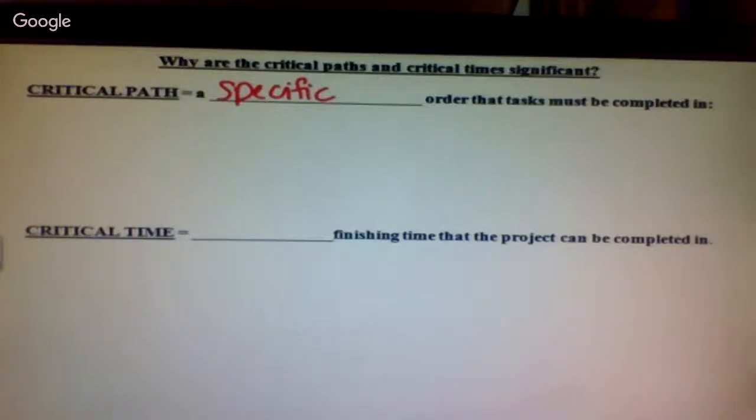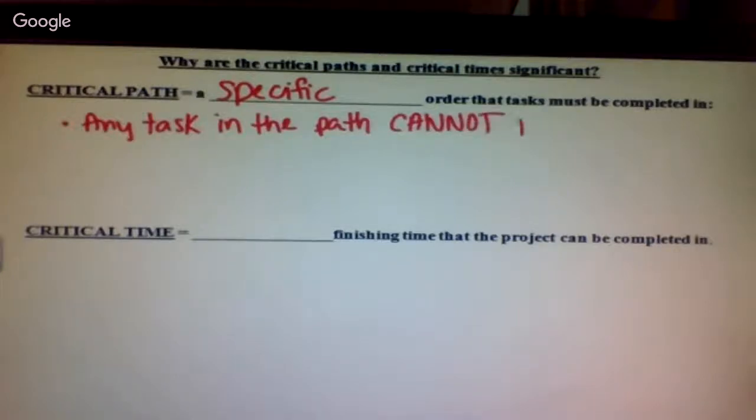The beautiful thing about your critical path is any task in the path cannot be started until the previous task is done.